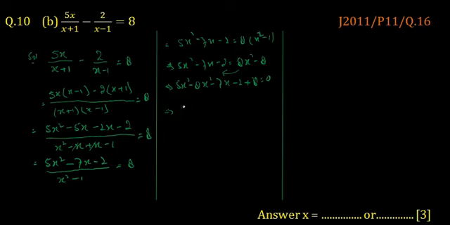Further 5x square minus 8x square becomes minus 3x square, and minus 7x and the plus 6 is equal to 0. Minus 2 plus 8 is plus 6.